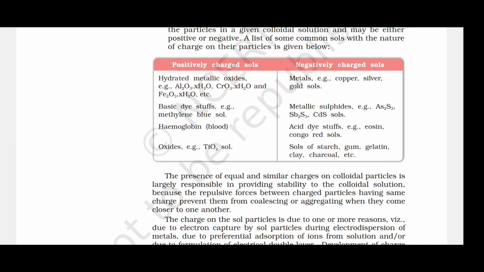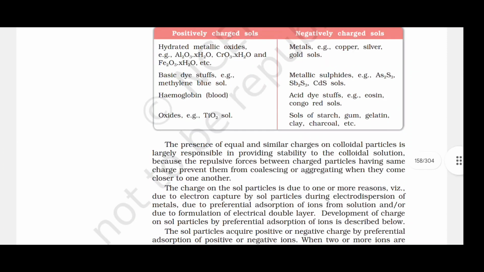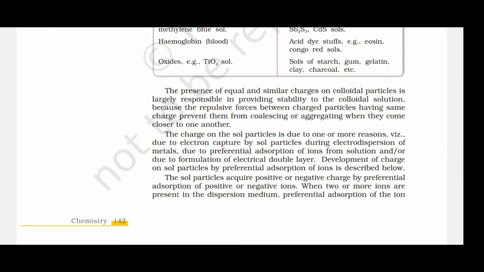The presence of equal and similar charges on colloidal particles is largely responsible for providing stability to the colloidal solution because the repulsive forces between charged particles having the same charge prevent them from coalescing or aggregating when they come closer to one another.